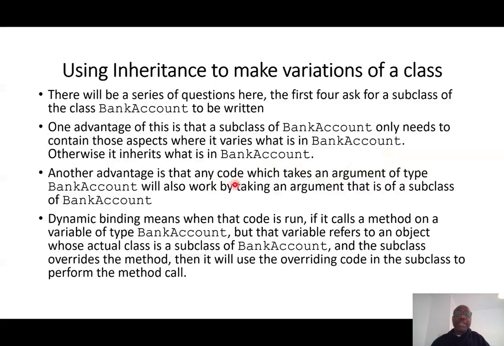Otherwise it inherits what is in bank account. Another advantage is that any code which takes an argument of type bank account will also work with an argument of a subclass of bank account. It's like dynamic binding and the rest of it.